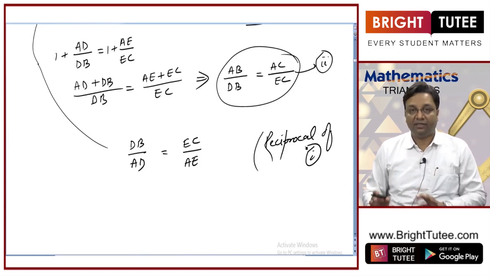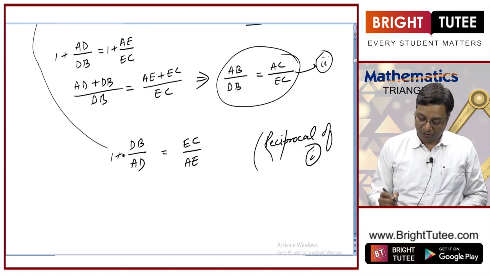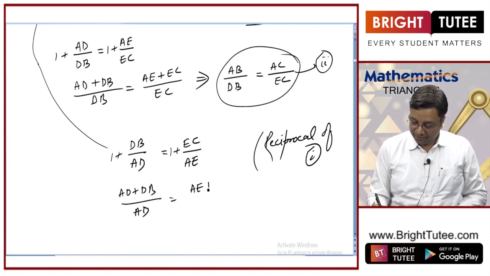Now, if I add 1 on both sides, the numerator will be AD plus DB by AD, and AE plus EC by AE.